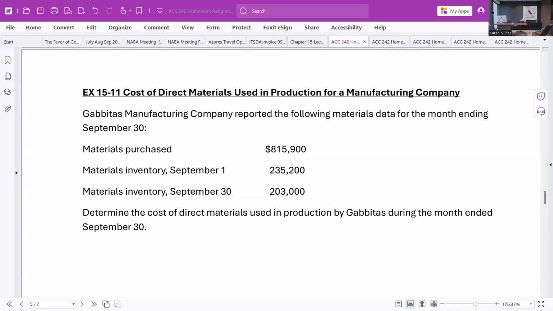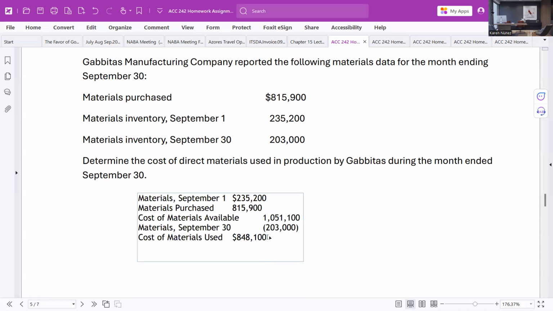So let me see if I can get this here so we can talk about it. Here we are. And let me see if I can improve the formatting just a little bit here.